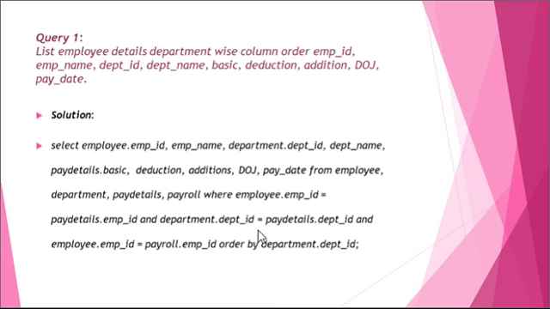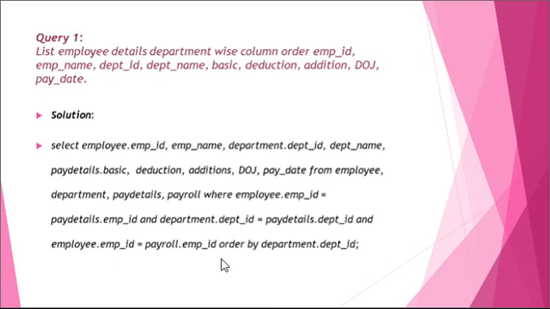So I have mentioned certain constraints: employee dot employee ID will be equal to pay detail dot employee ID, where these two employee IDs are equal, fetched from those particular tables. The next constraint is department dot department ID is equal to pay detail dot department ID, meaning the department ID from the department table is equal to the department ID of the pay detail table. Then you will be joining these two tables. And the third one is employee dot employee ID will be merged with payroll dot employee ID.